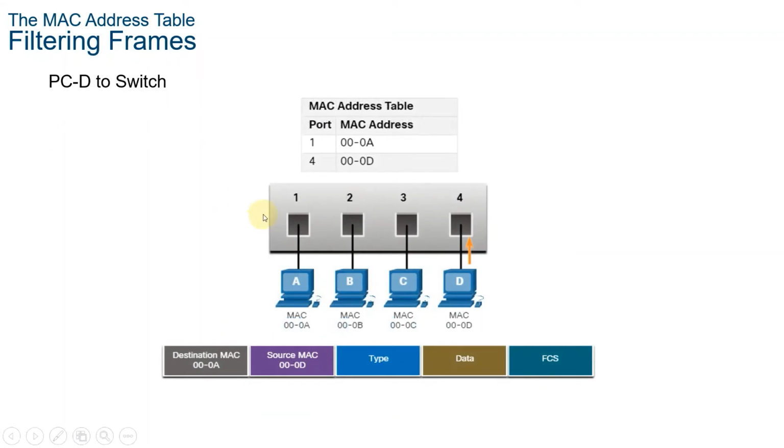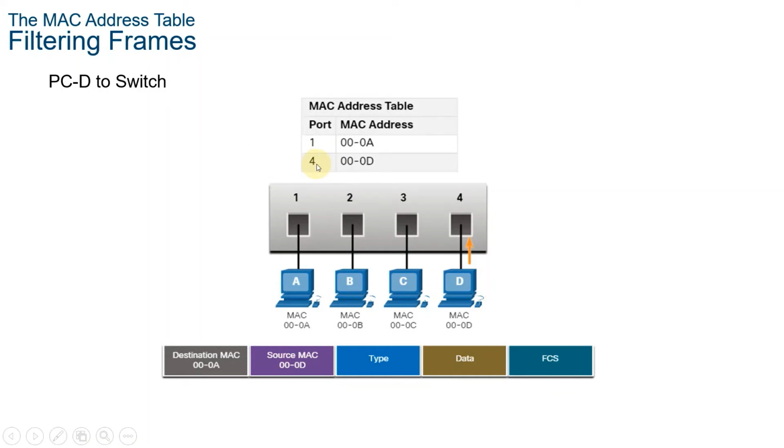So next would be PCD to switch. We are not yet done. In the figure, PCD is replying to PCA, so PCD will have it forwarded first to the switch. The switch sees the MAC address of PCD in the incoming frame on port 4. The switch then puts the MAC address of PCD into the MAC address table associated with port 4.